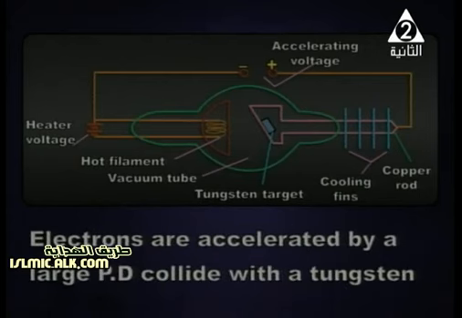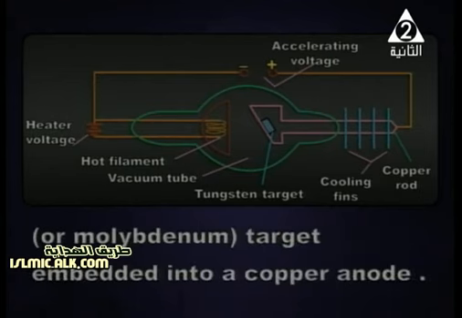These electrons are accelerated by a very high potential difference produced between the cathode and anode. And electrons which are accelerated, having very high kinetic energy, will collide with a target made of tungsten or molybdenum. This target is embedded in a copper anode.